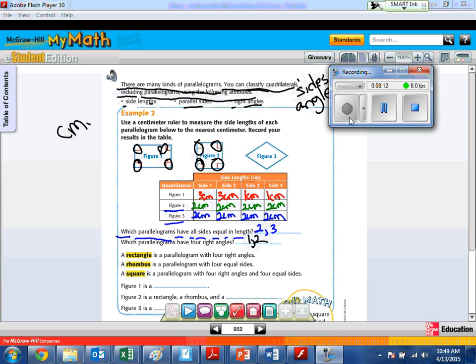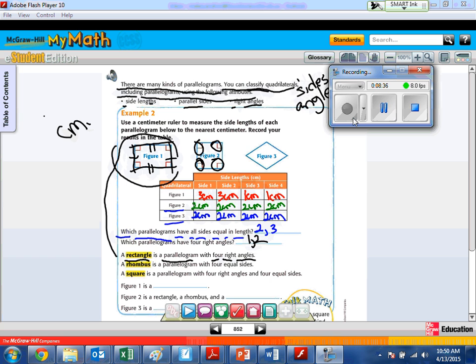It says a rectangle is a parallelogram with 4 right angles. Okay? Here's our rectangle. Notice that it has 4 right angles, and it is a parallelogram, so these sides are equal and these sides are equal, and these sides are parallel and these sides are parallel. Okay?